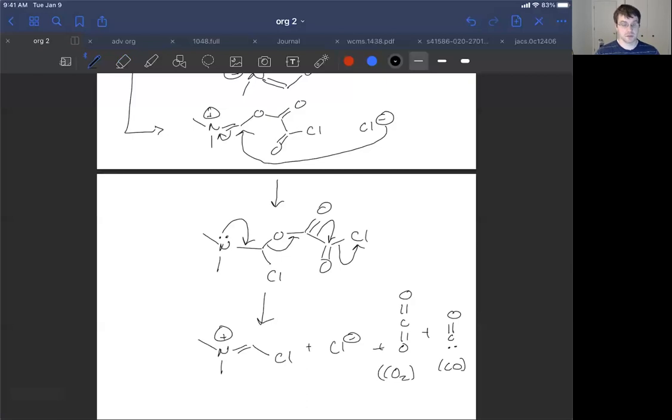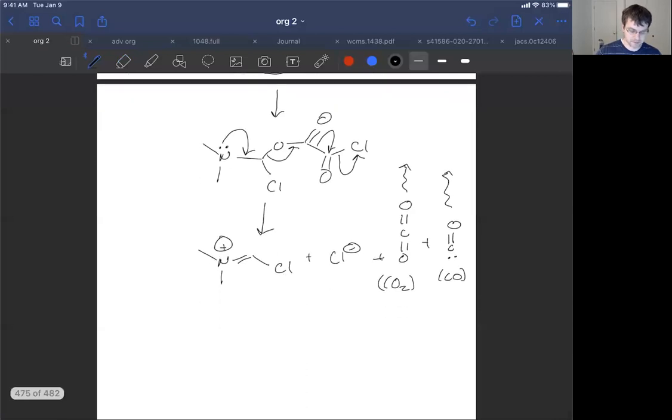So we form CO2 and carbon monoxide. These evaporate away, and this drives the reaction forward. Okay, this is our reagent that makes acid chlorides.